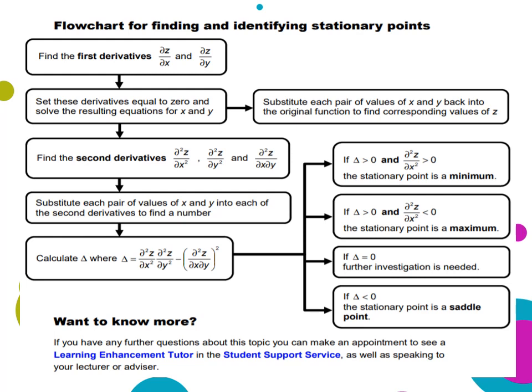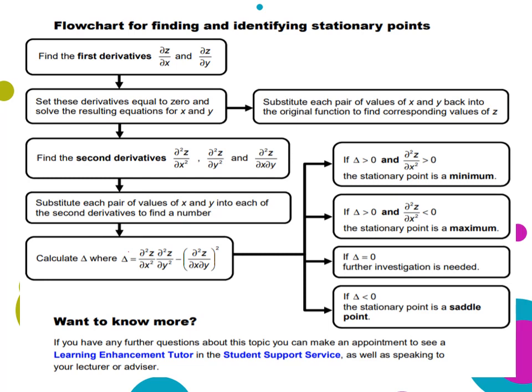I found this from the internet, and I think this is a good flow chart for you to refer to the flow of finding the stationary point until you can classify your stationary point.